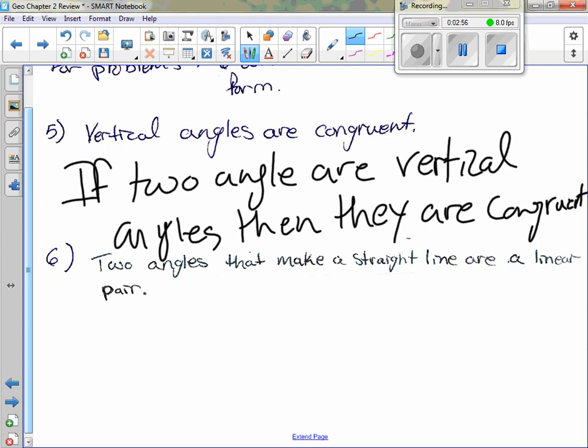I added two angles because that's really defining what they are. Because if angles are vertical angles, we need two of them. And the same thing is true in number 6. Any questions on 4 through 6? Are we good with writing these in if-then form? Yes? Okay.